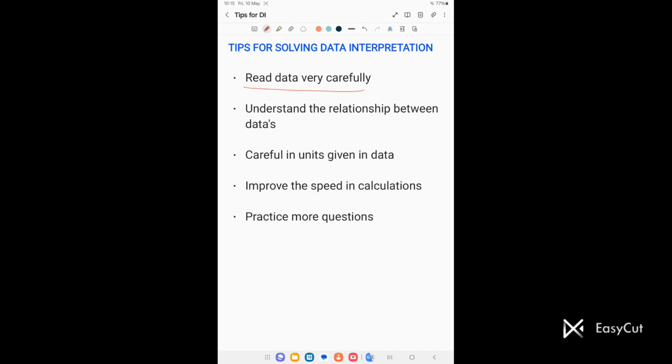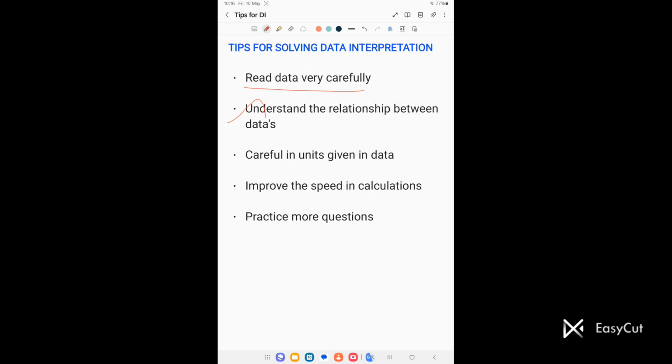This is given to test the ability of the candidates, how they are understanding the questions. So we need to try to understand the relationships between the given tables.